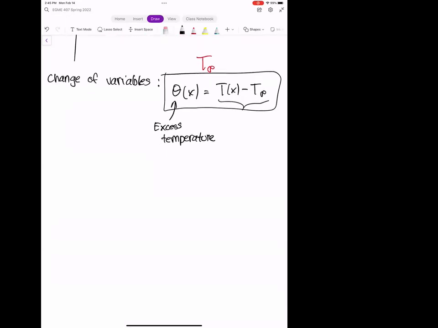Let's do another thing. Let's take the excess temperature and take the second derivative of it, so d squared theta dx squared. We're going to take a derivative of this expression twice. Since T infinity is a constant, when we take the derivative of it, it's just going to go away. And so all we're left with is d squared T dx squared.